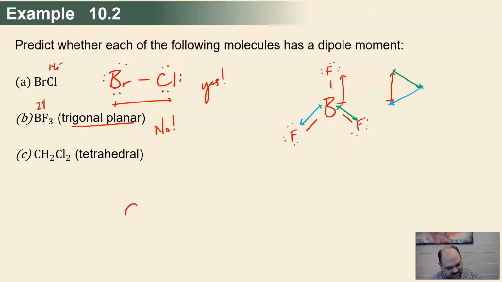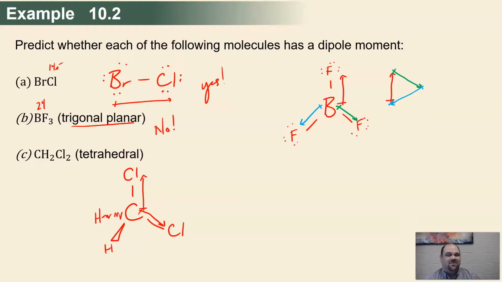If we take a look now at CH2Cl2, I'm going to put my chlorines here in the plane, and my hydrogens out of the plane. Between the two atoms, chlorine's more electronegative, and so we've got our bond dipoles for chlorine like that. Remember what I just mentioned about carbon and hydrogen.